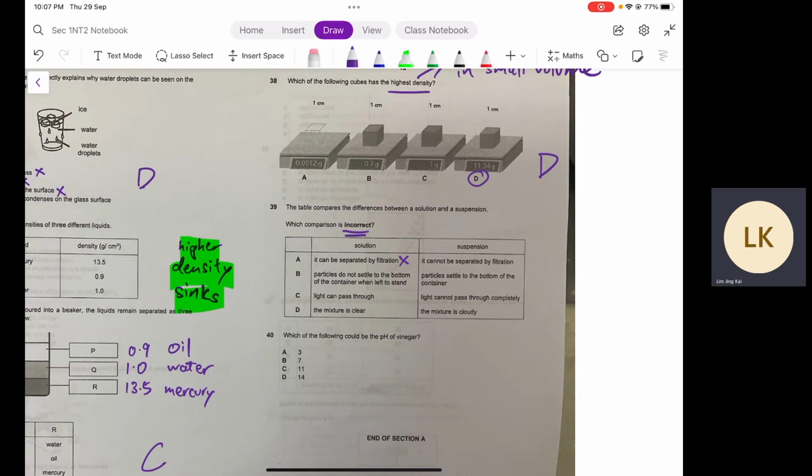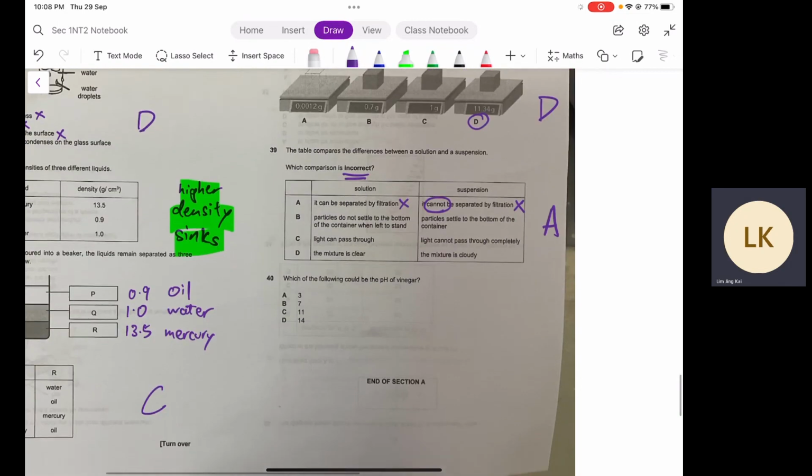So therefore, there's nothing. Okay, there's no leftover to be separated by filtration. Okay, and if you look at A for under suspension, it cannot be separated by filtration. This is already not true. Okay, so our best answer is actually A.